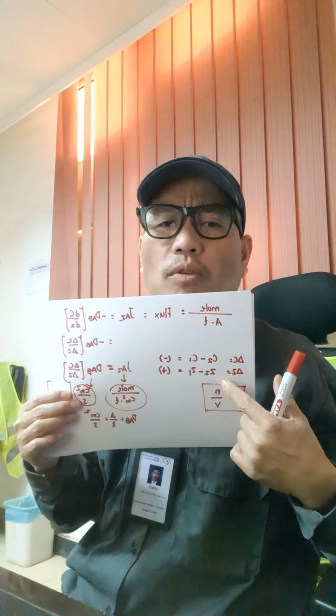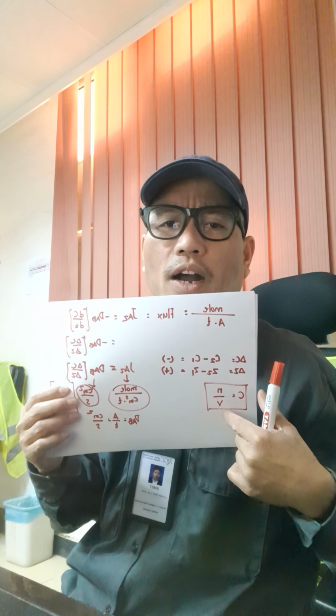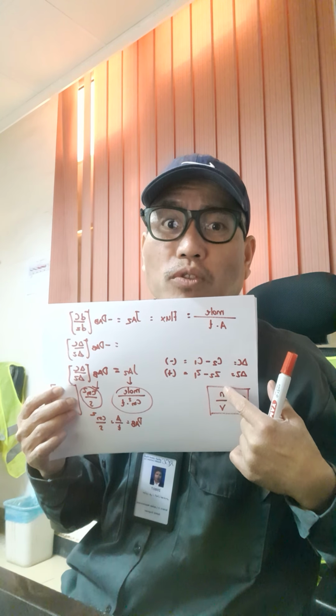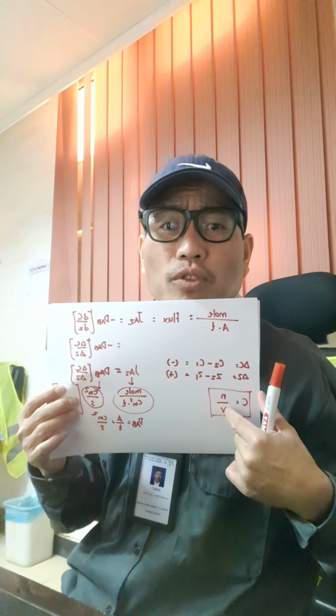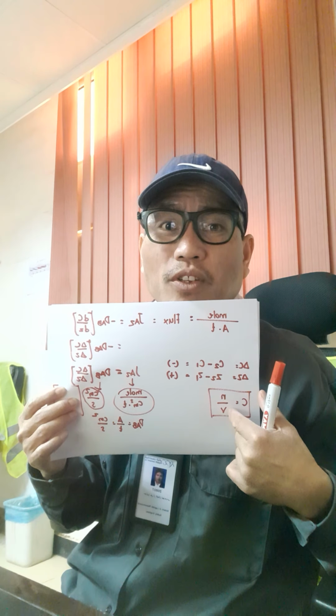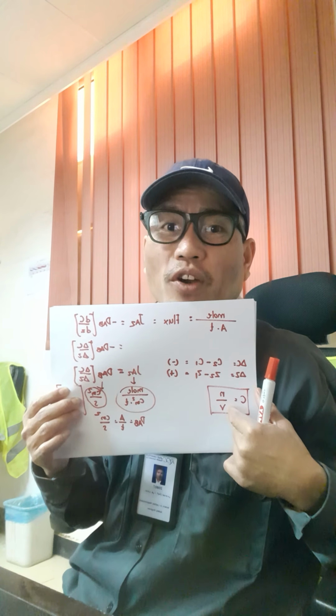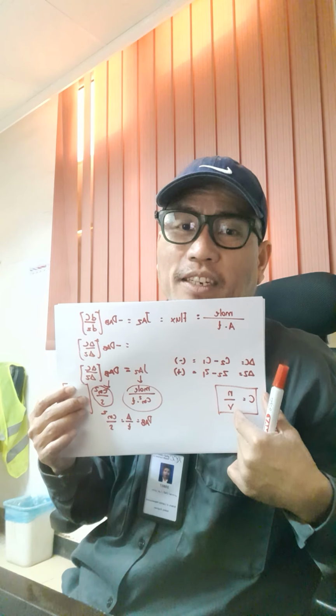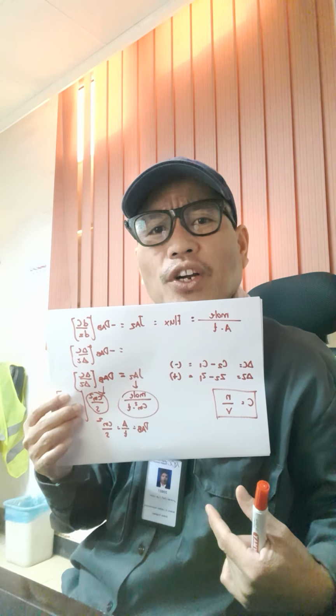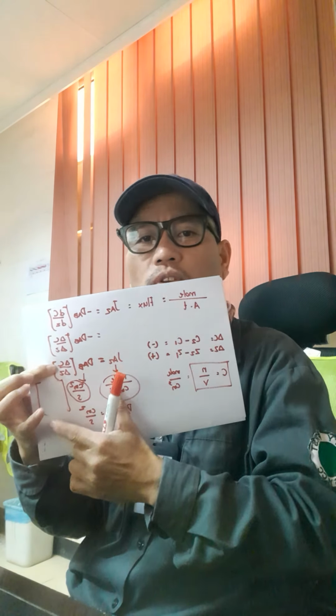So our number of moles N is in terms of moles, over the volume in terms of cubic centimeter, because we are expressing centimeter in this particular derivation. It's going to be mole per cubic centimeter.